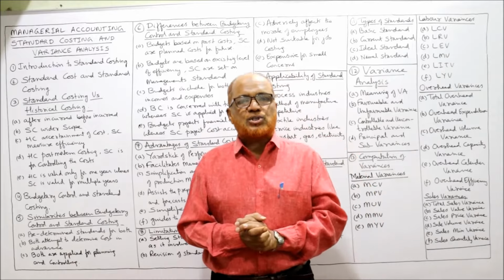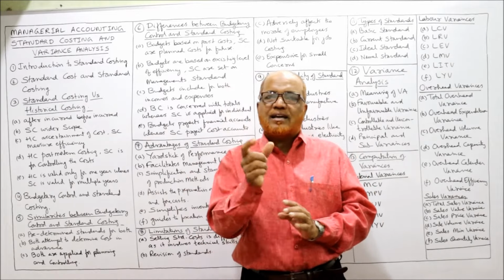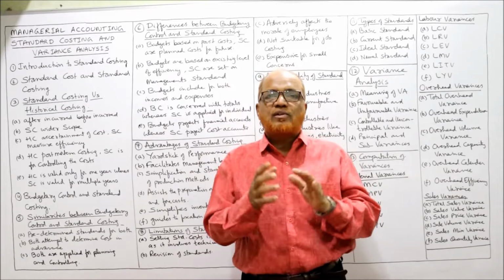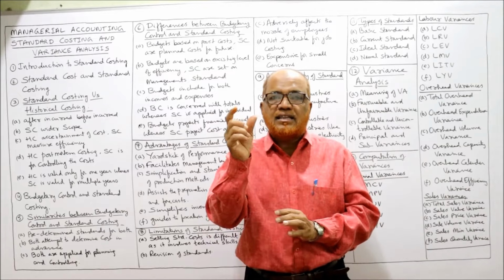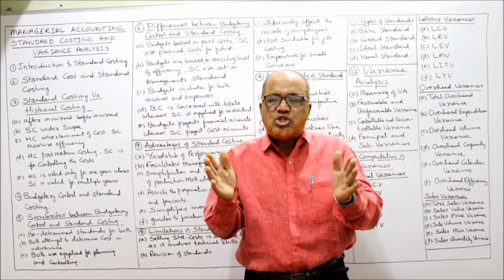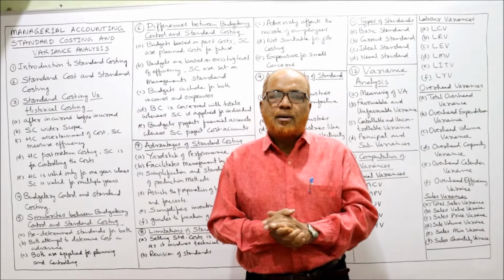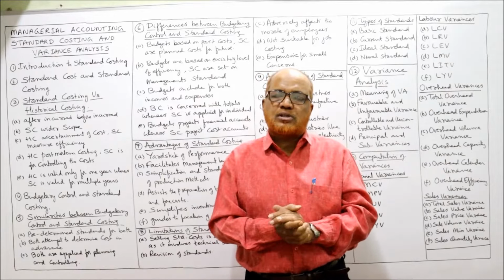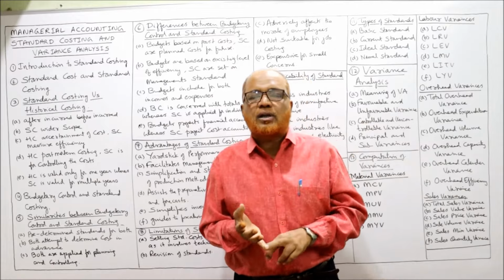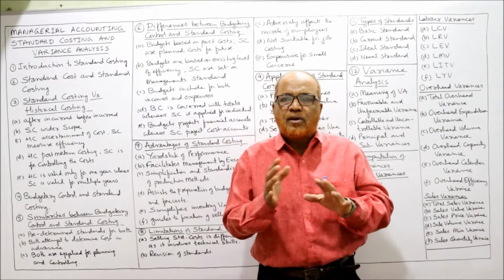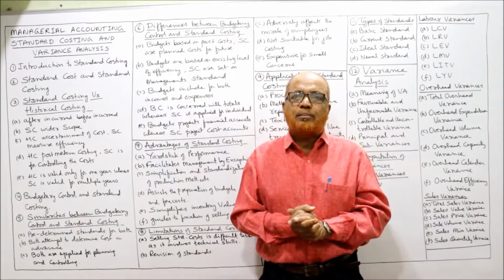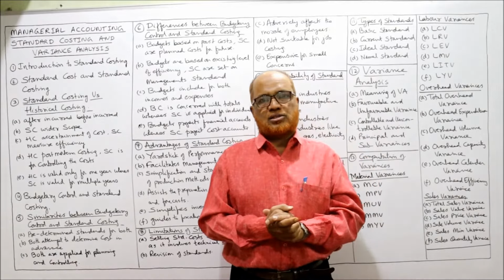Secondly, marginal costing. Marginal costing is a technique which will facilitate in fixing the selling price by differentiating the cost between fixed cost and variable cost. But these two types of costing technique, that is historical costing and marginal costing, will not be of much help in controlling the cost.